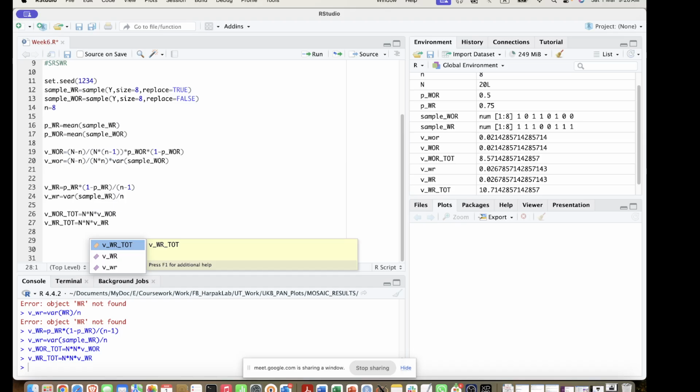Okay, in any case you will see that the without replacement variance is lower than the with replacement ones.